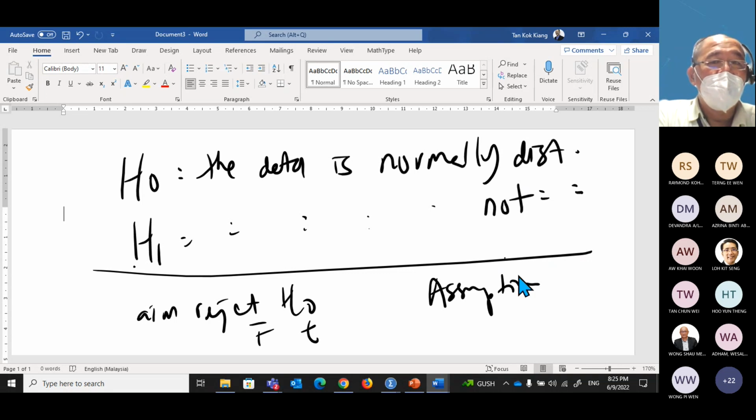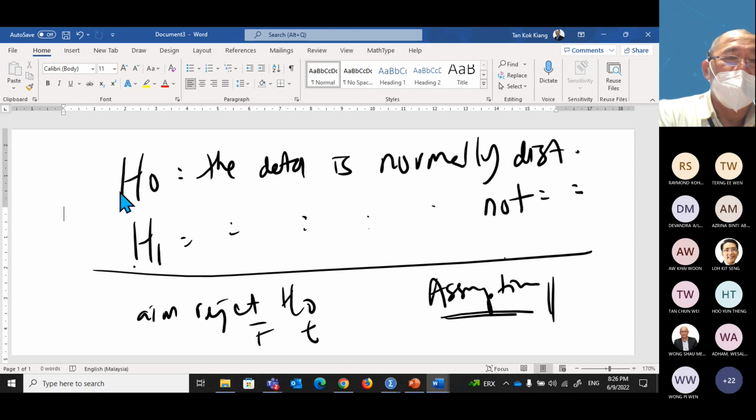There are still some assumption tests where we prefer to reject the null hypothesis, but normally we aim not to reject it. Therefore, two categories. Again, this is only general.